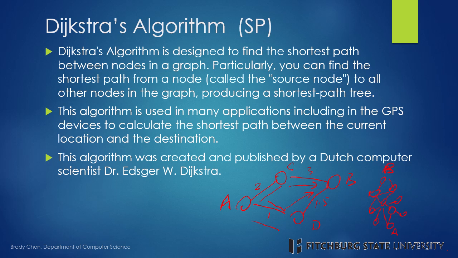The answer is not that obvious. This algorithm is used in many applications, including GPS devices, to locate the shortest path between the current location and the destination. It was created and published by Dutch computer scientist Dr. Edsger W. Dijkstra.